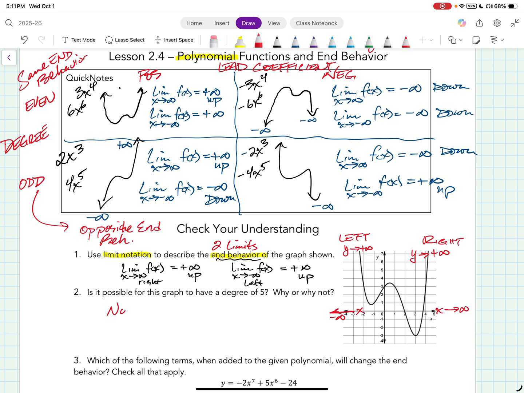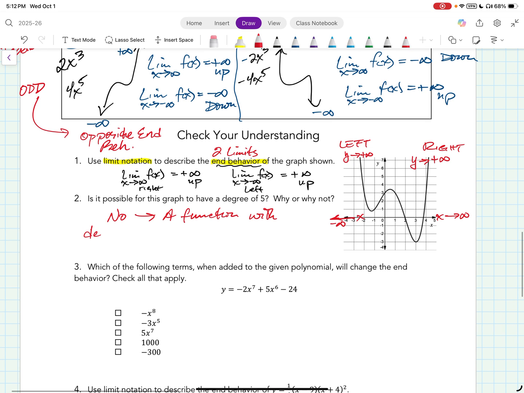Okay, and so we're going to say no because this function has the same end behavior. Or you can say no, odd degree functions, okay? Or you can say a function with degree 5, which is odd, would have opposite end behavior.